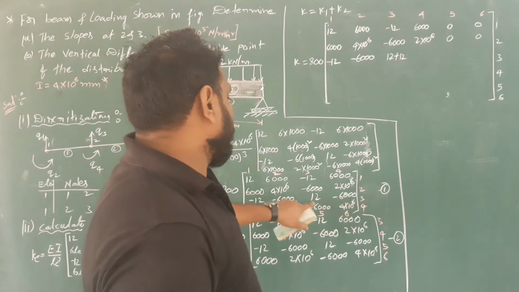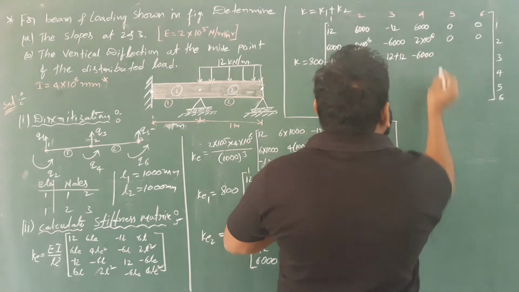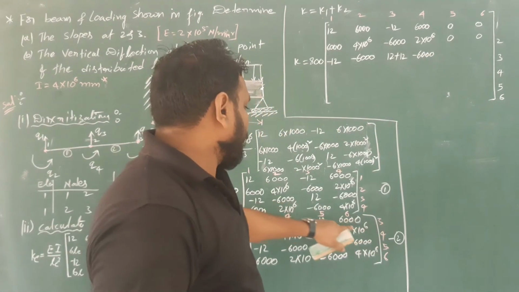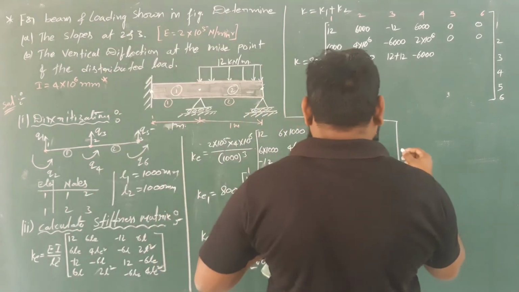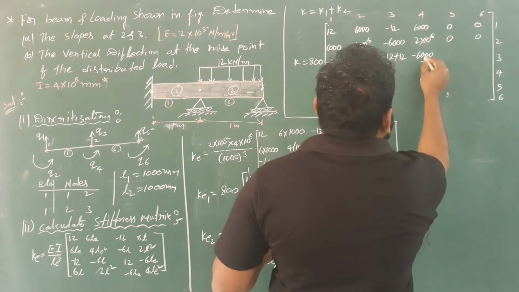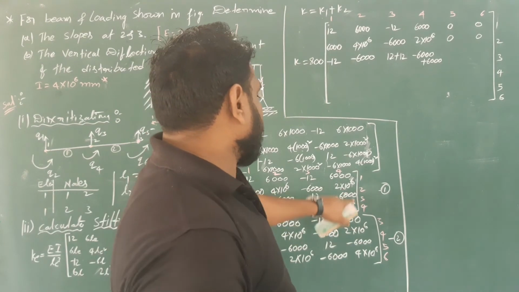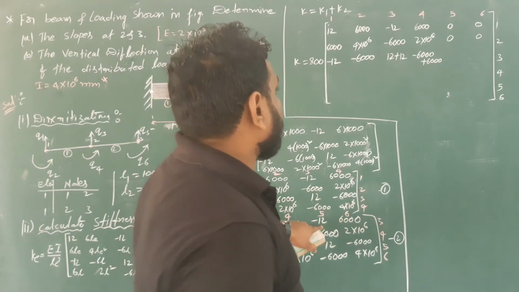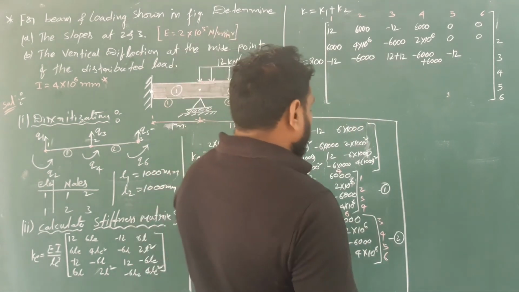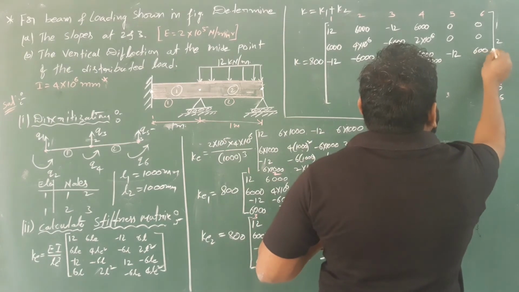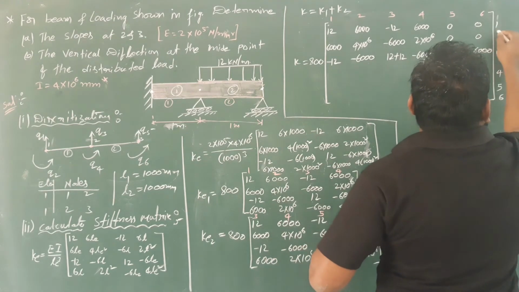Next, third row, fourth column minus 6,000 here, and here also 6,000, plus 6,000. That is third row, fourth column plus 6,000. Next, third row, fifth column, there is no component here, but here is minus 12. Third row, sixth column is 6,000. Okay. This is the third row.